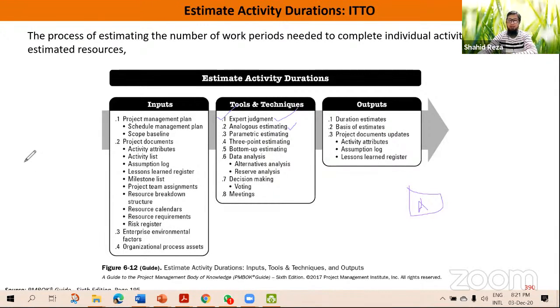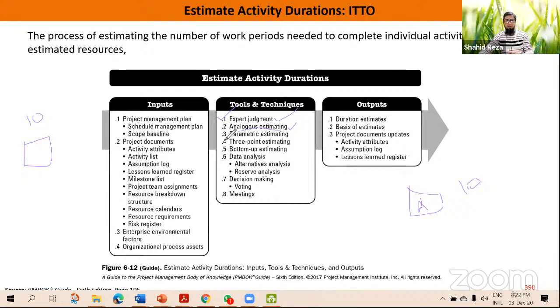So using the analogy, you can say that the same activity in the earlier project took 10 days, so as this is a similar activity, it will also take 10 days. If you estimate using some previous experience analogy, that is known as analogous estimating, from historical data.